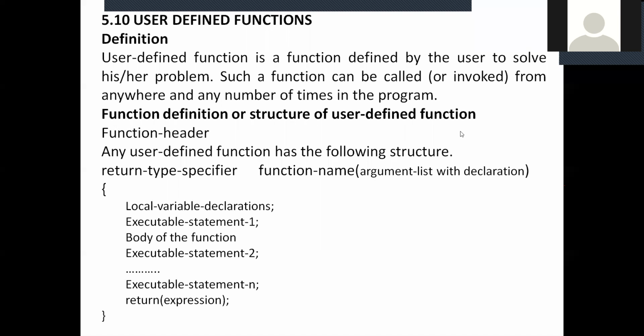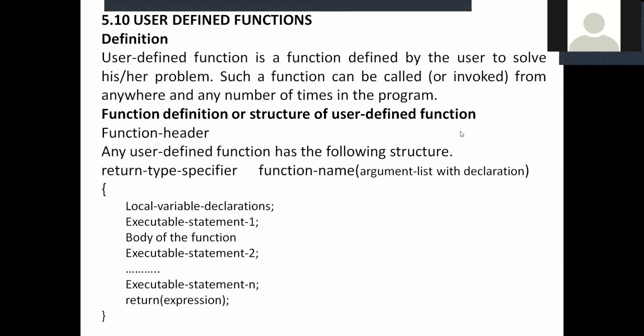After execution of this particular function, the type of value we get is written as the return type specifier. It may be integer, float, or character. Sometimes the function may not return any value. At that time, you can write void.